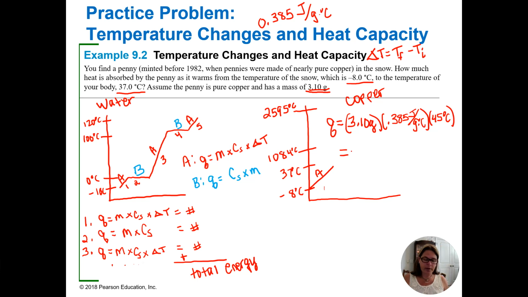Now when I just do the math and multiply all of them together, oh, not plus, multiply, 0.385, I get Q is equal to 55.0935 joules, because grams and degrees Celsius have canceled. And my proper sig figs should be 2, because the negative 8.0 limits me to 2 sig figs. So it's just going to be 55 joules. And that's how we solve these.